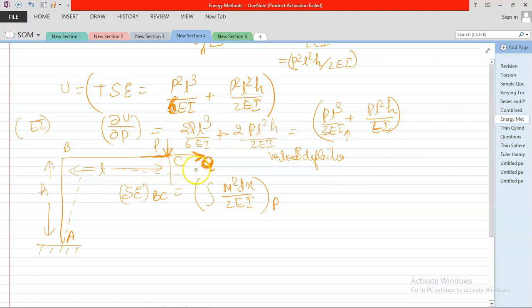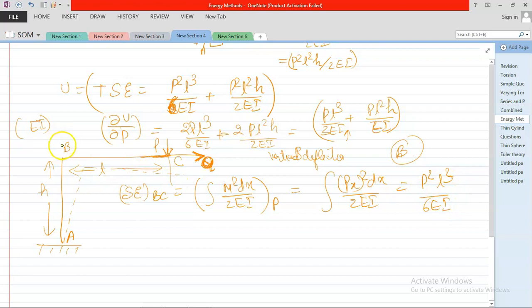We are going to take only bending, because in comparison to bending, axial is very small. Now the integral: Px whole squared dx upon 2EI gives P squared L cube upon 6EI. This is your one expression.